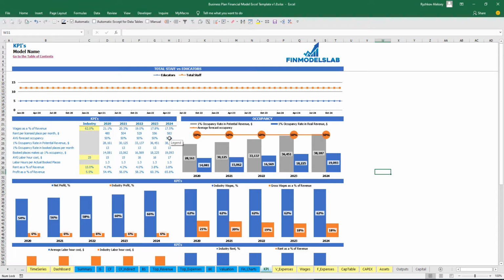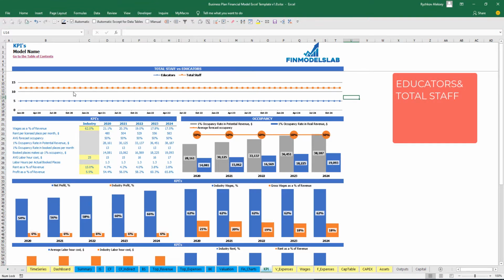On the KPI charts, you may see the main industry benchmarks with comparison to your model outputs. On the first top chart, you may see the educators and total staff to compare if it grows proportionally.